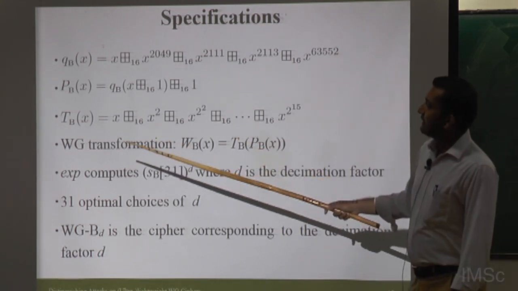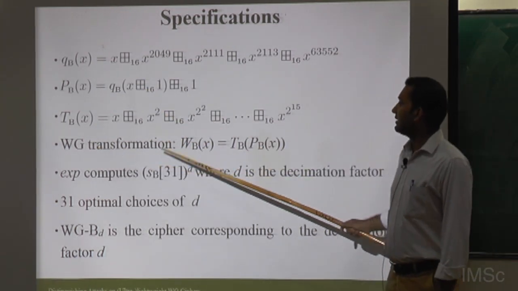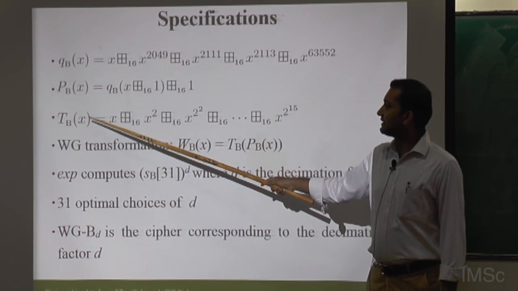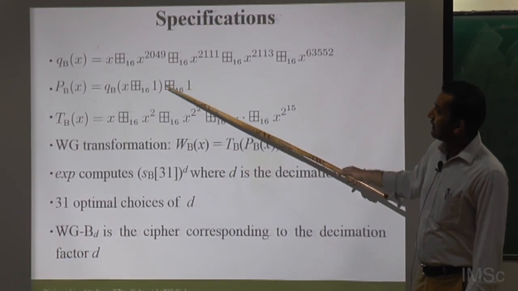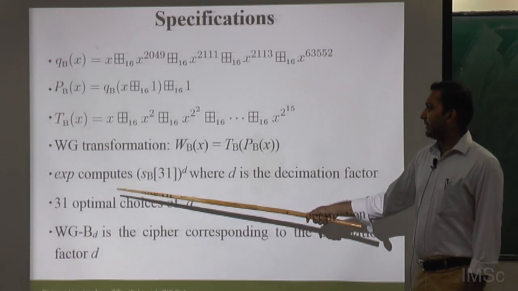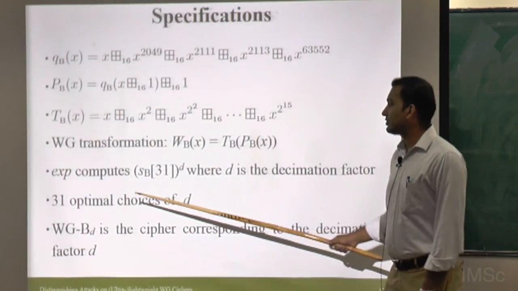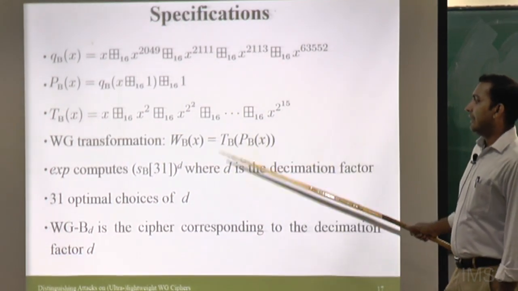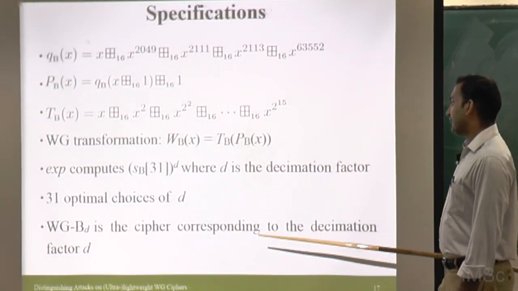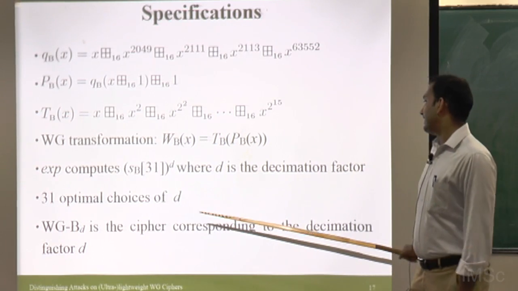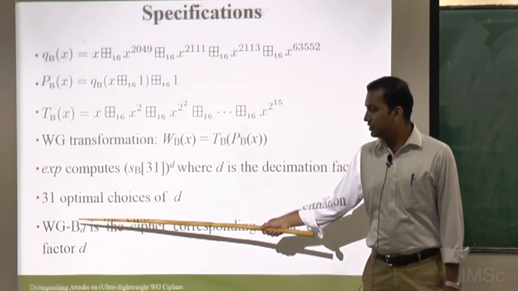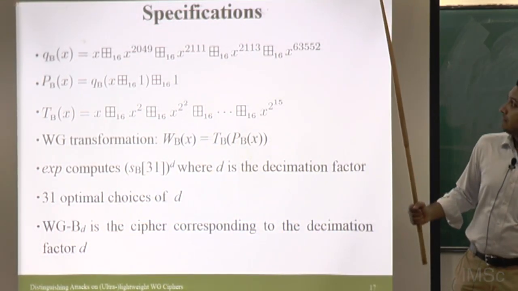These are the transformation function, permutation function, and trace functions used in the WGB family. Exponentiation computes SB31 power D. There are 31 optimal choices of D in the case of WGB, and the cipher corresponding to the decimation factor D will be denoted by WGB subscript D.